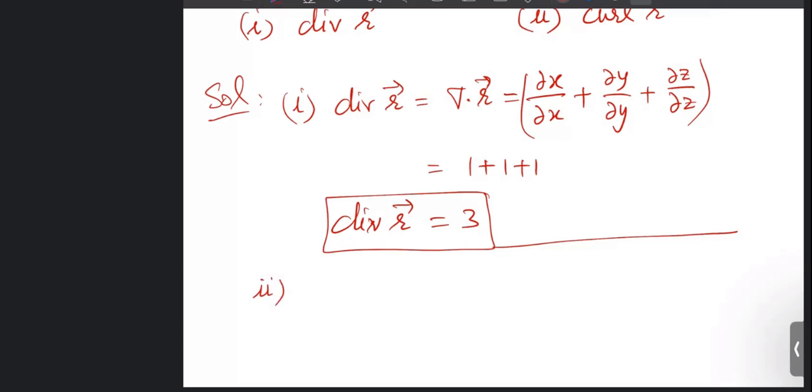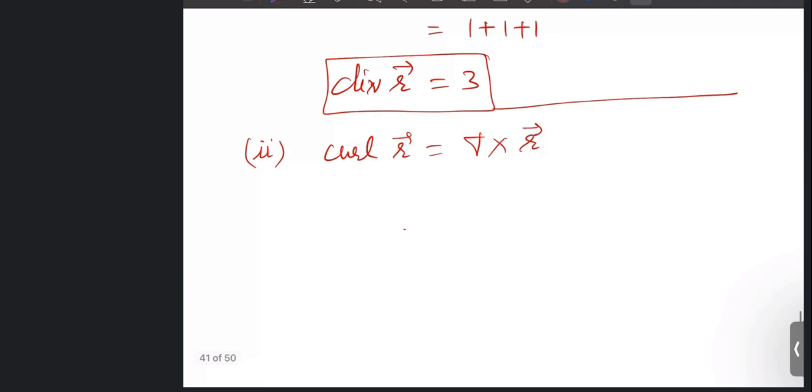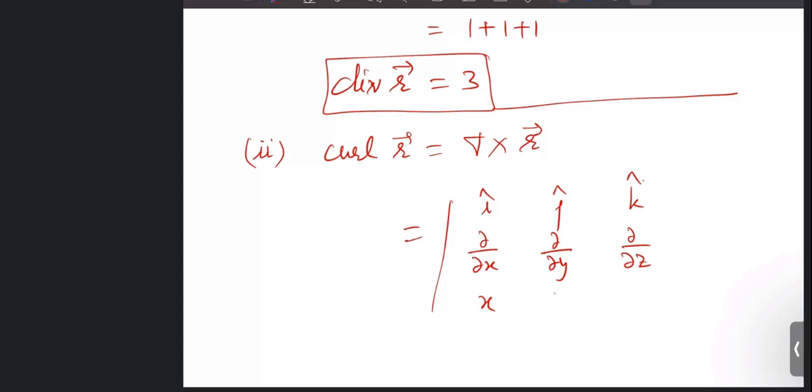Now the second part, the curl of vector R is to be determined. Curl of R is del cross R, that is equal to the determinant with rows i, j, k; ∂/∂x, ∂/∂y, ∂/∂z; and x, y, z.